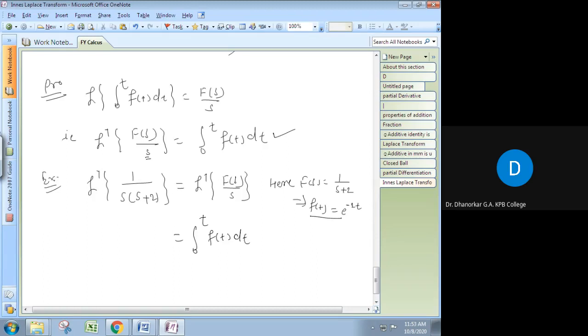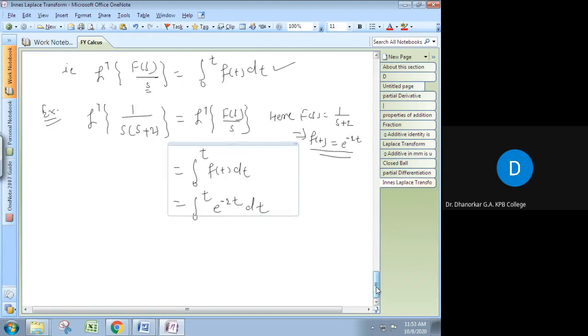Now, in this example, what is our f of t? Integration 0 to t of e raised to power minus 2t into dt. This is equal to integration of e raised to minus 2t divided by minus 2 between limits 0 to t. This is equal to minus e raised to power minus 2t minus e raised to power 0, which is 1.